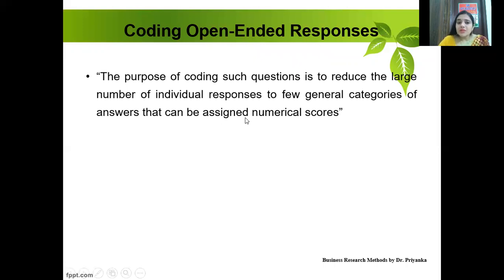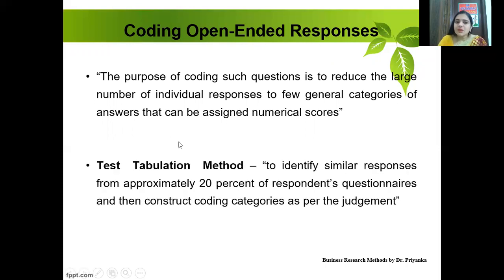The purpose of coding such questions is to reduce the large number of individual responses to a few general categories of answers that can be assigned numerical scores, right? Use the test tabulation method to identify similar responses from approximately 20% of respondents' questionnaires, and then construct coding categories as per your judgment.